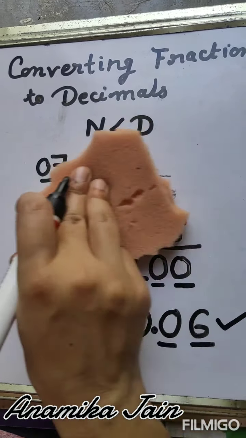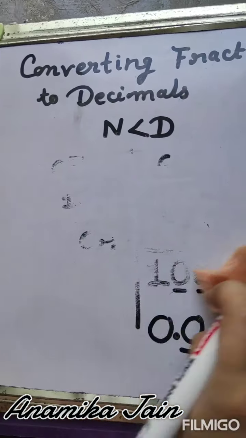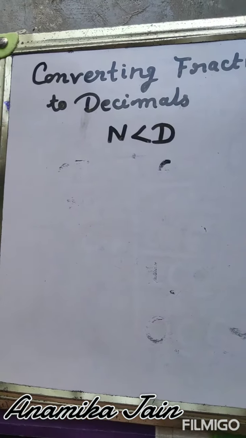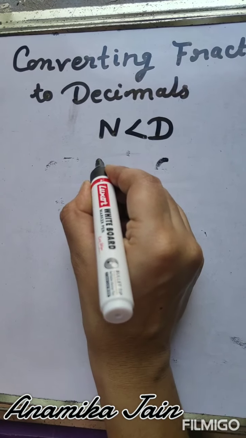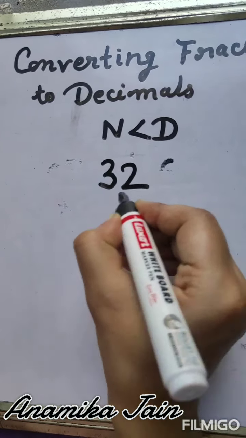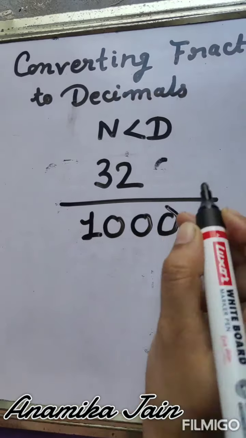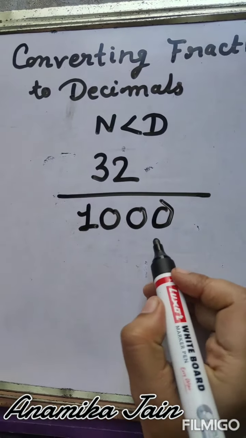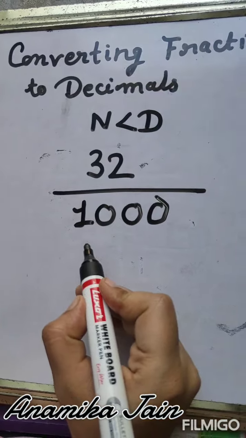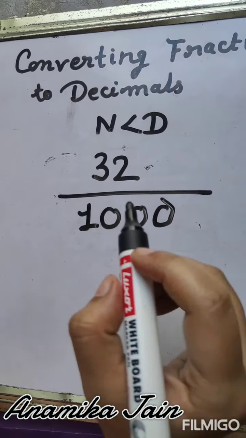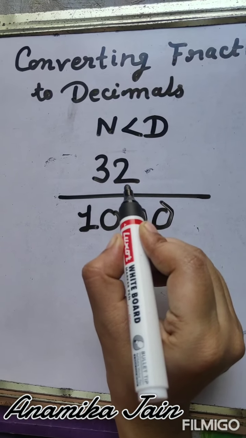Now another example I am taking here, like 32 by 1000. In this case, children, you can see how many digits are there in the denominator. There are 4 digits in the denominator and the numerator has only 2 digits.